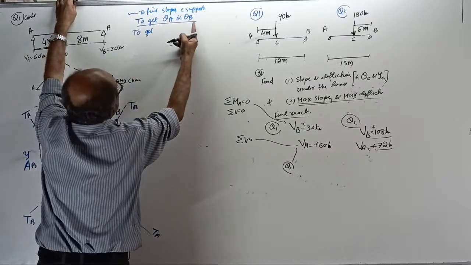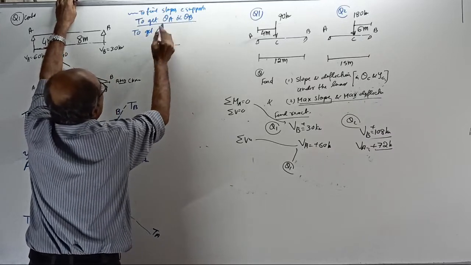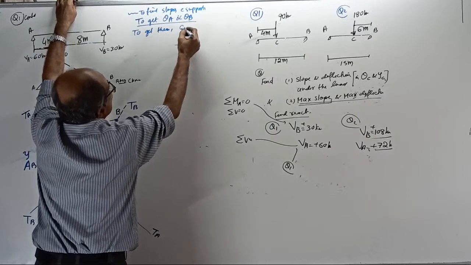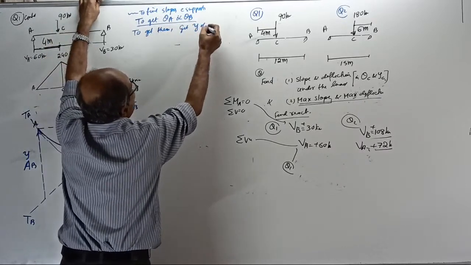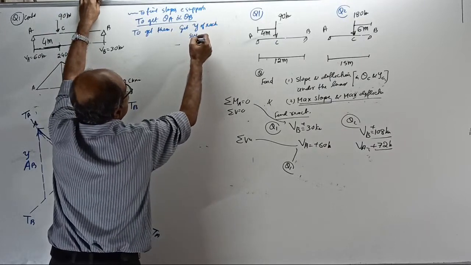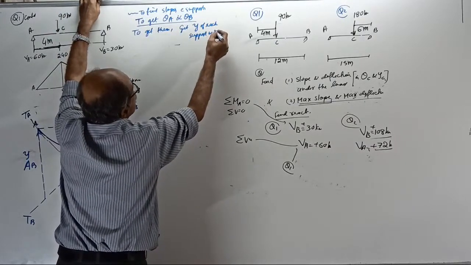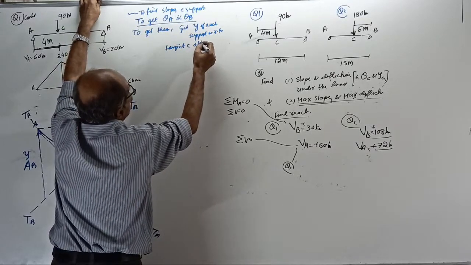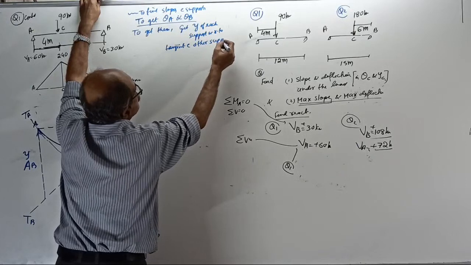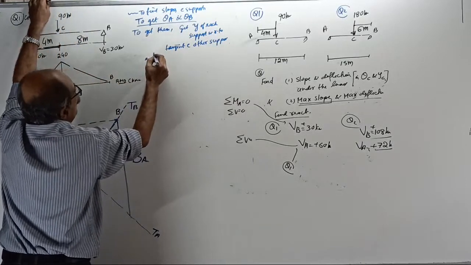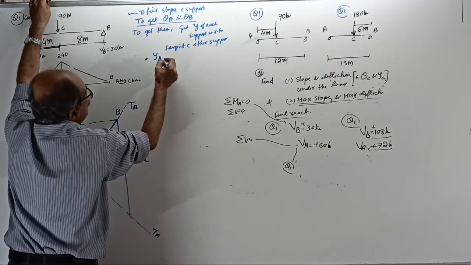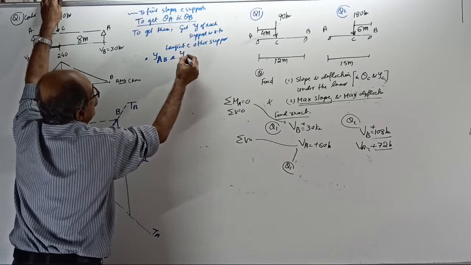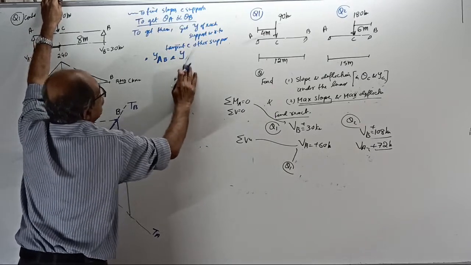That is to get theta A and theta B. To get them, get y of each support with respect to tangent at the other support. Okay, start. That is y of A with respect to tangent at B. See, A is important. And y of B, the important point is B.